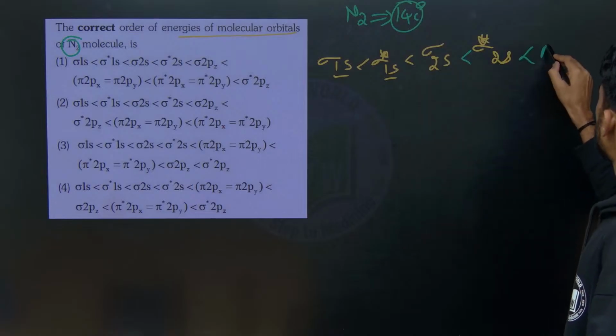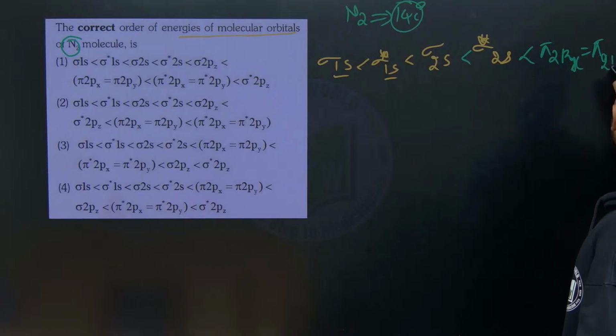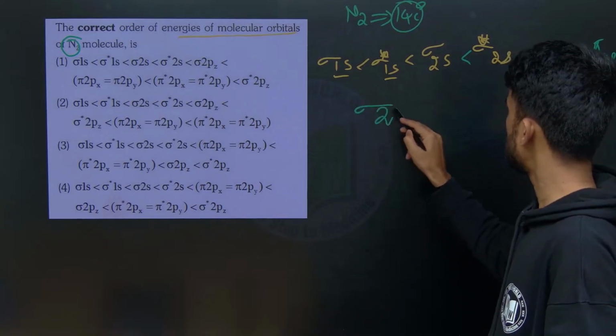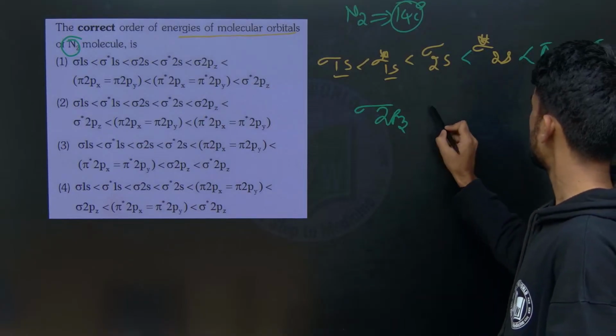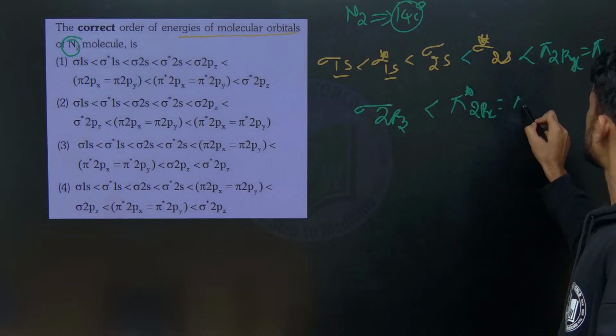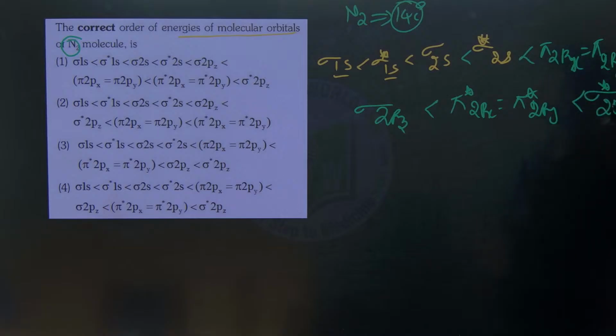Next pi 2px equals pi 2py. You can write this. Then next sigma 2pz. Then pi star 2px equals pi star 2py, and finally the highest energy is for sigma star 2pz.